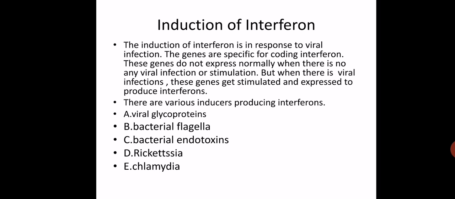These genes do not express normally when there is no viral infection or stimulation. But when there is a viral infection, the genes get stimulated and expressed to produce interferon. It means that in a normal cell, the genes coding for interferon are not expressed. Whenever the gene expression is there, then interferon is produced.